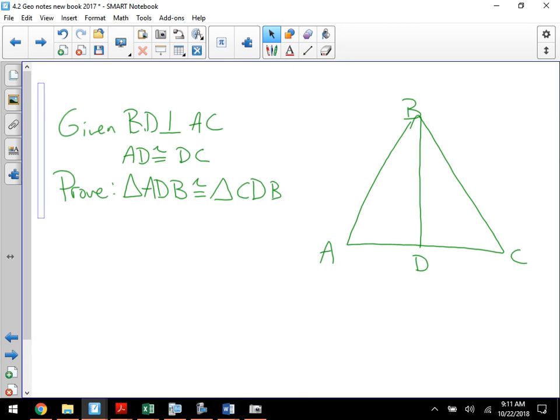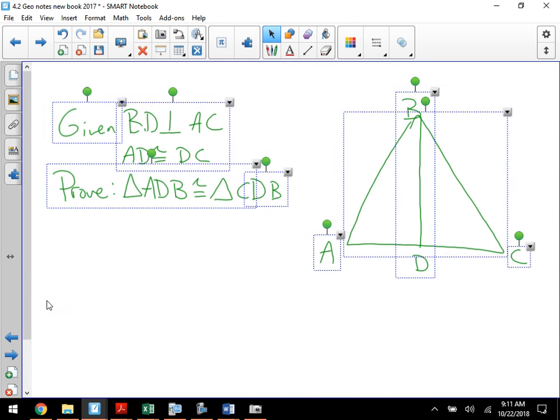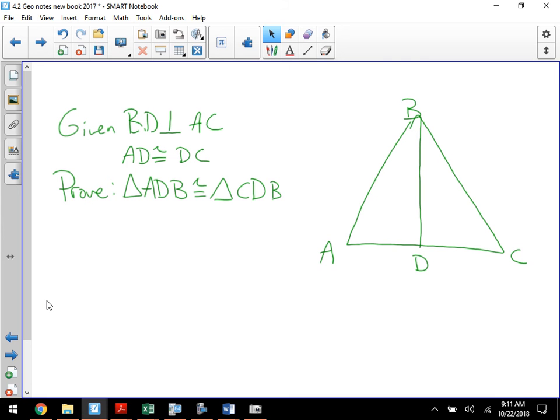Okay, another one off of a progression. Another one off of a progression for us.